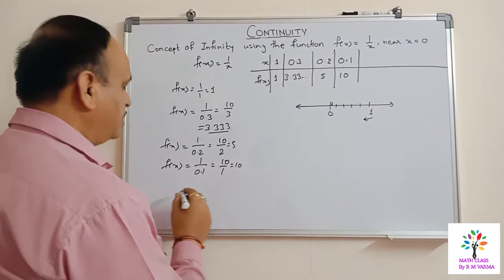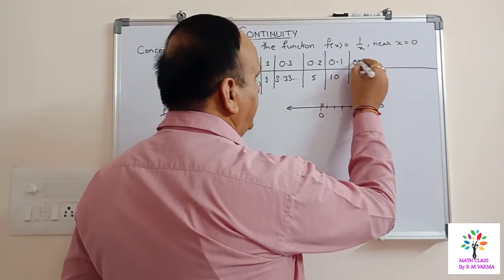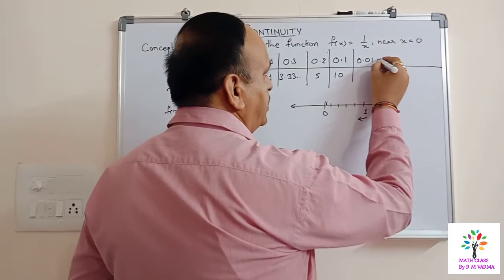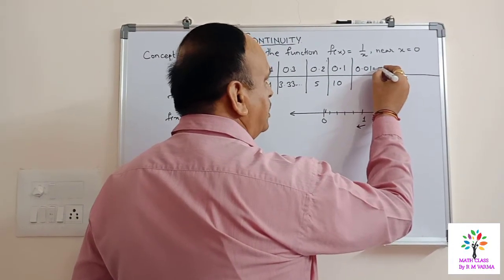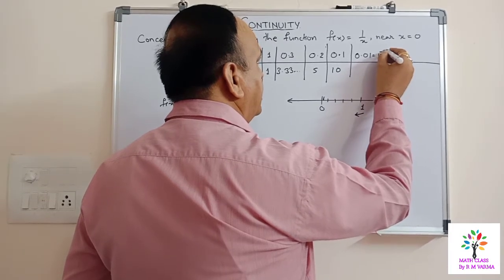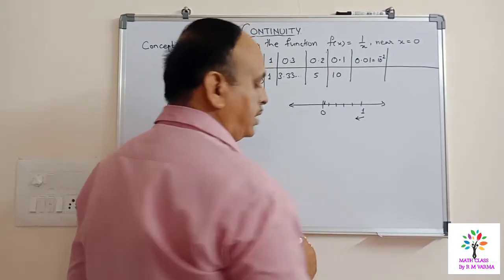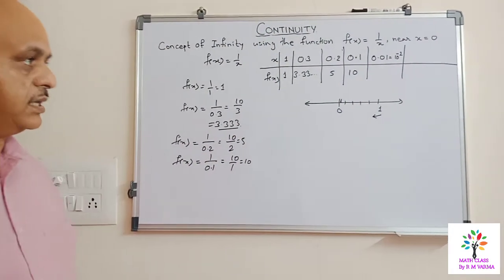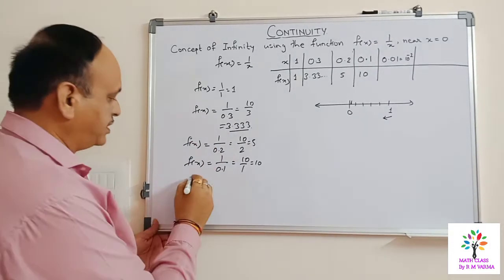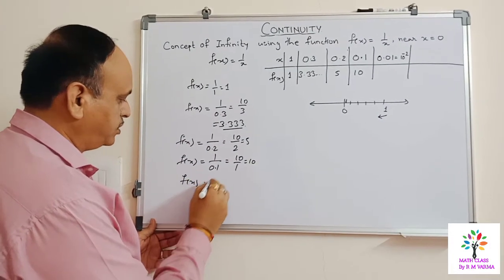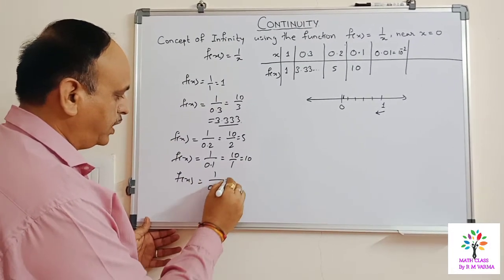Further, I take 0.01, which can be written as 10 raised to minus 2. Now f(x) equals 1/0.01.